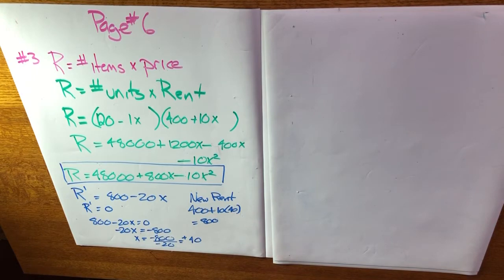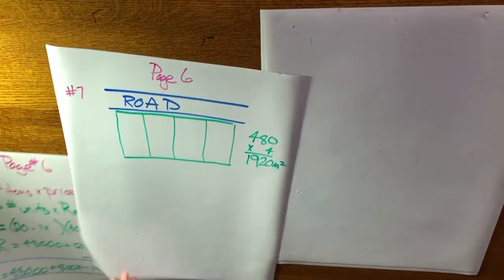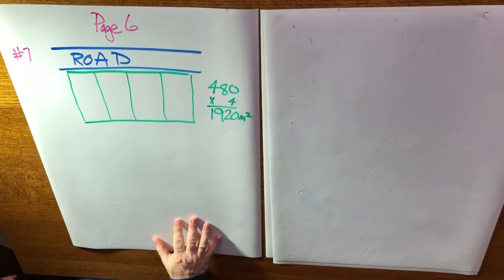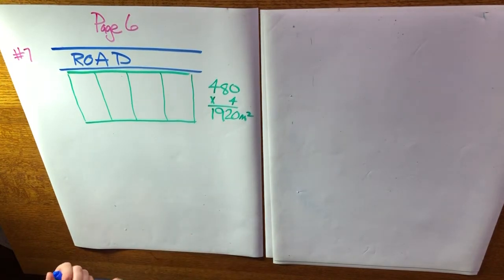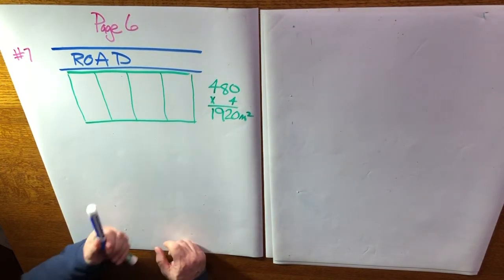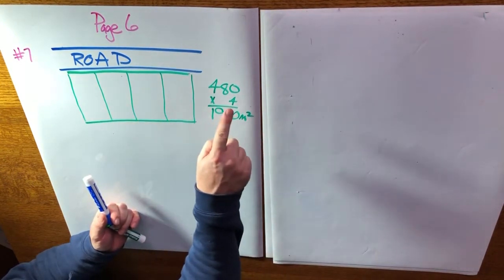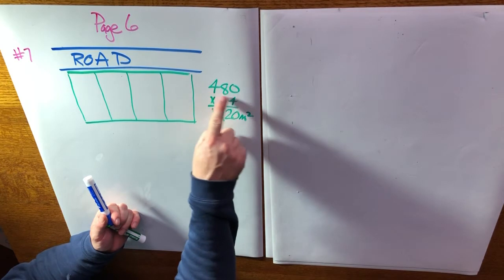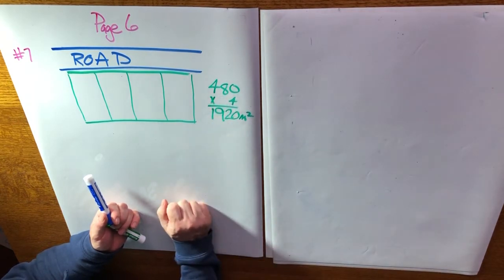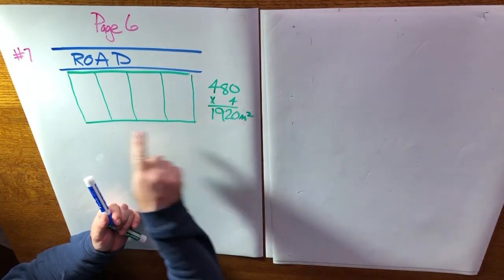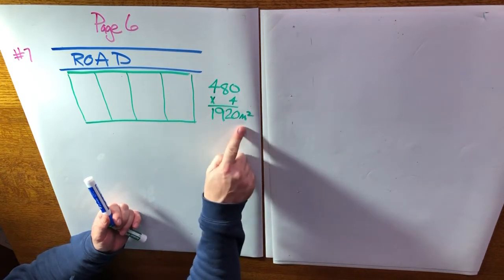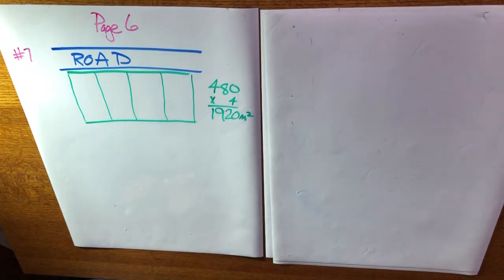The next question that I wanted to try is on page 6 as well, and it's question number 7. In this situation, there are 4 lots side by side, and they each have an area of 480 meters squared. So I've multiplied that by 4 to encompass the whole area and made it 1,920 square meters.